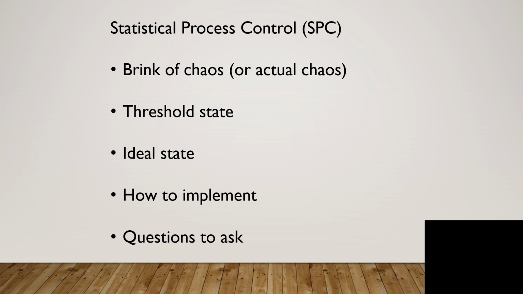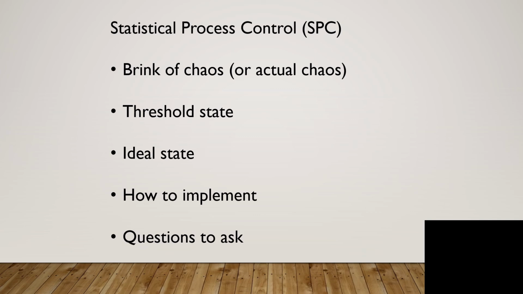Then comes achieving statistical control. A product in statistical control means that all special causes of variation are identified and eliminated. Processes are predictable because all that remains is common cause variation.